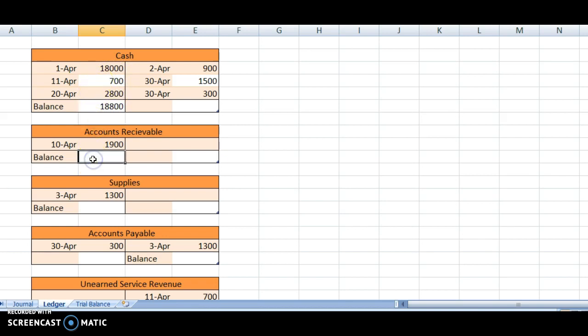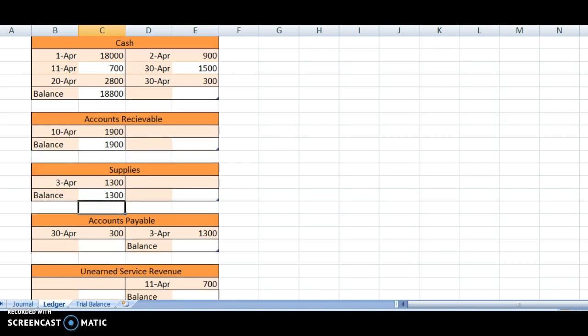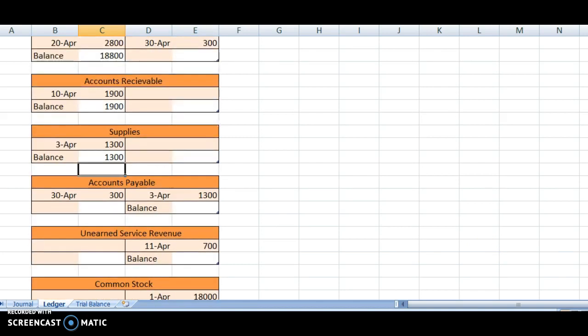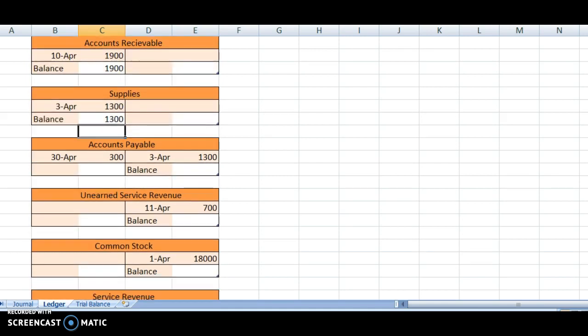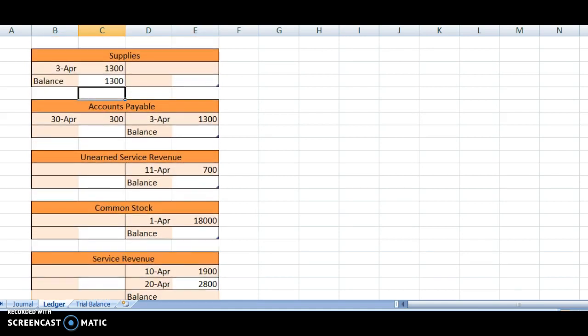A lot of these are very simple because there's only one transaction. And so all you have to do is just add up what that transaction is. So accounts receivable, balance is debit, $1,900, supplies, debit, $1,300.